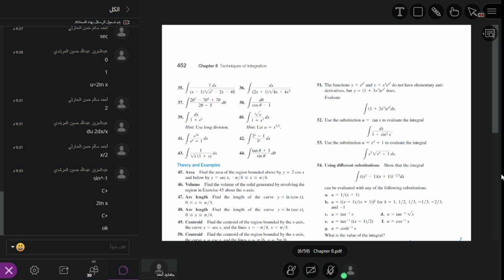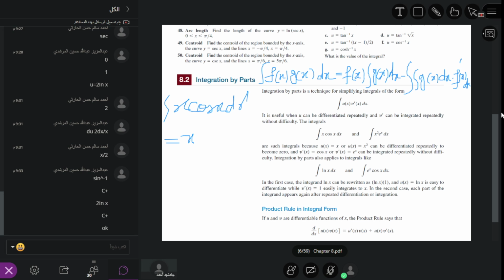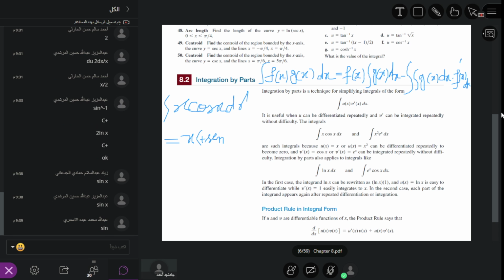What is the integral of cosine x, students? The integral of cosine x is minus sine, sorry, plus sine, not minus, plus sine x.